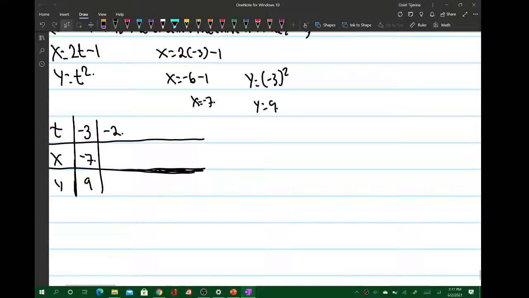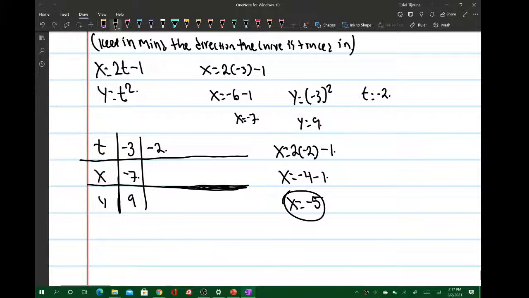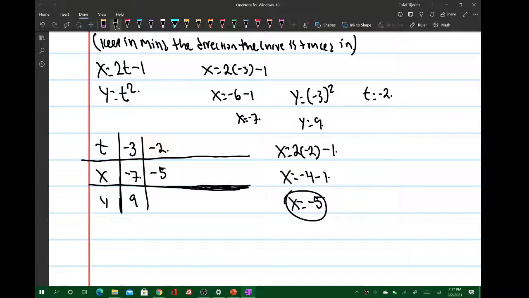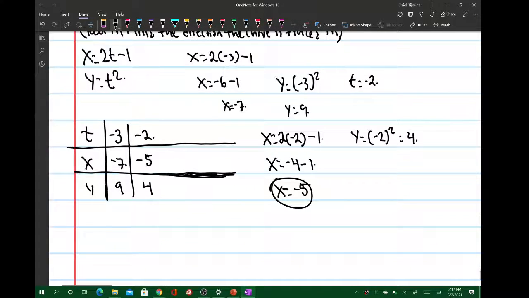When t equals -2, x equals 2 times -2 minus 1. So x equals -4 minus 1, x equals -5. I'm going to put -5 here for x, and for y, when t equals -2, -2 quantity squared is going to be 4. So when t equals -2, y equals 4.